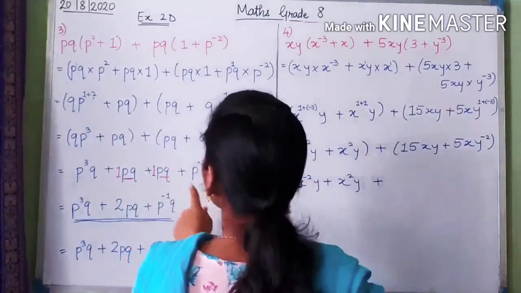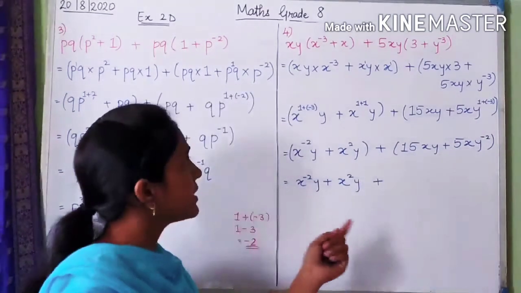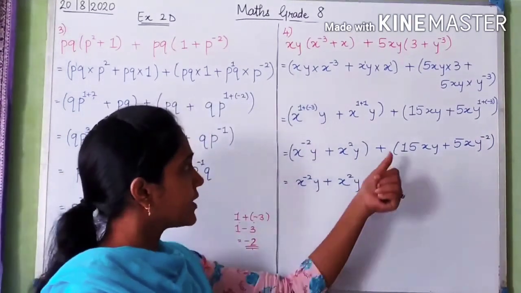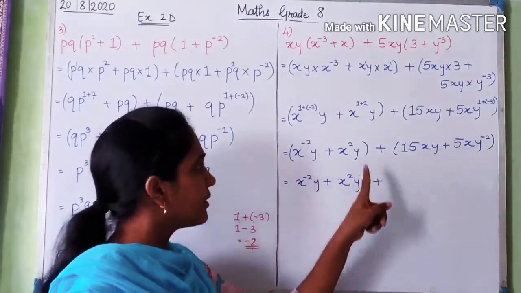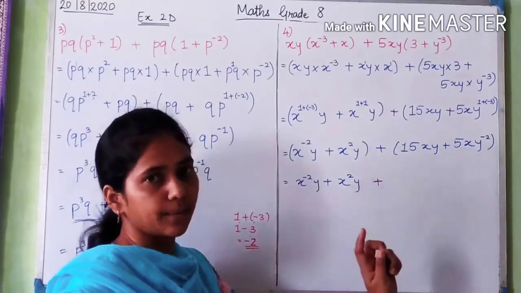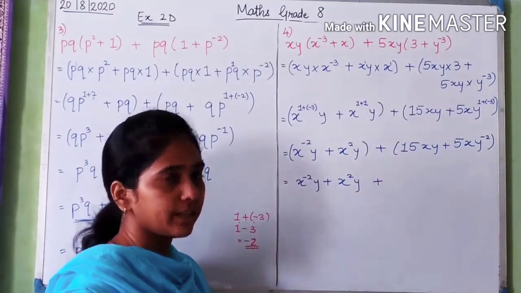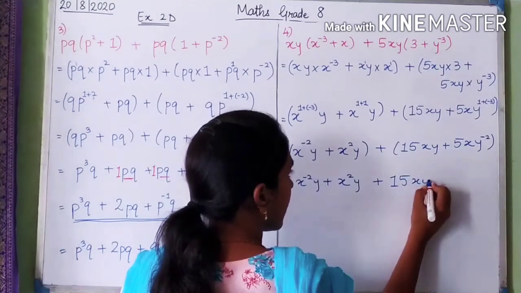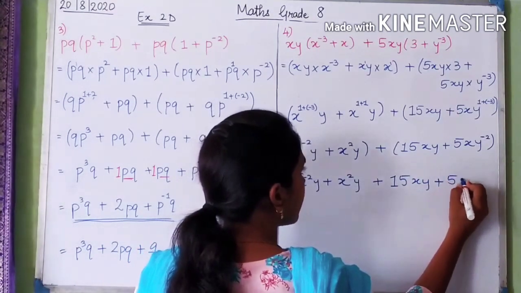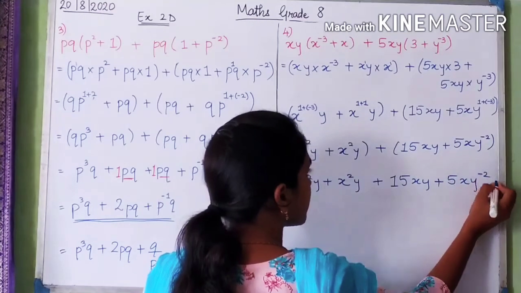Like in the previous examples which we saw, if there is a minus sign outside, then the sign of each term which is inside will change. If there is a plus sign, then everything will remain the same. The sign of every term will remain the same.